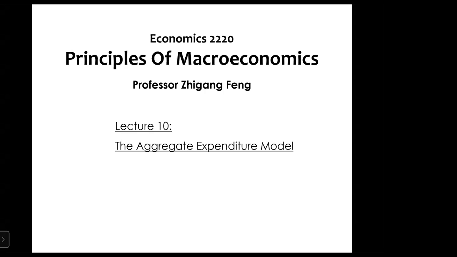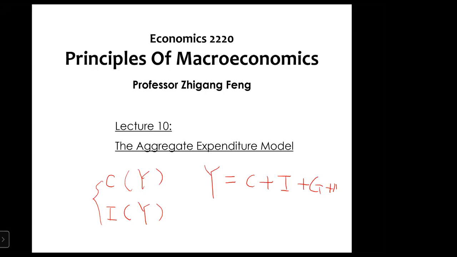In this module, we have covered two chapters. In lecture 9, we looked at aggregate relationships. Essentially, we look at C as a function of Y, and we also look at how I may change with I. The reason we look at these is because of total GDP: Y equals C plus I plus G plus NX.